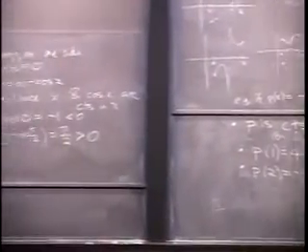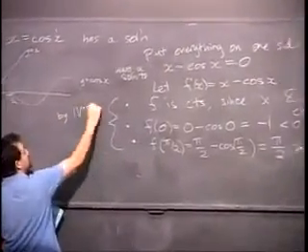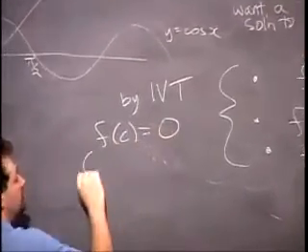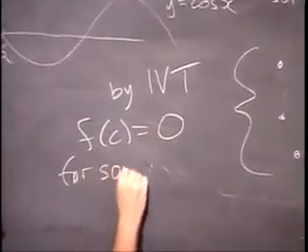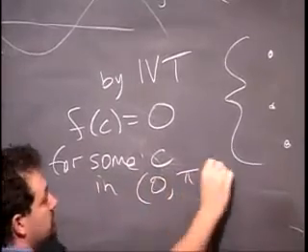And so the conclusion is, by the intermediate value theorem, IVT, f of c equals 0 for some c, in fact, between 0 and pi over 2.